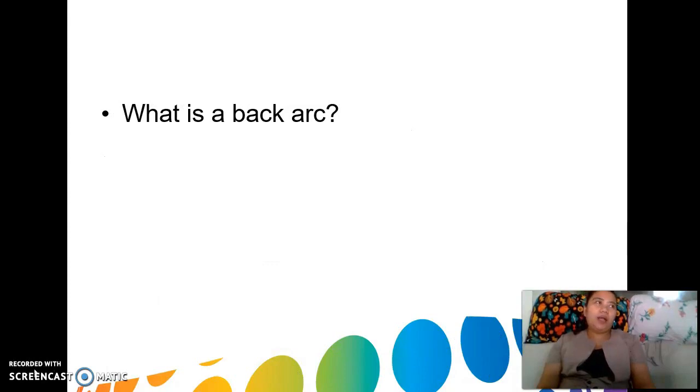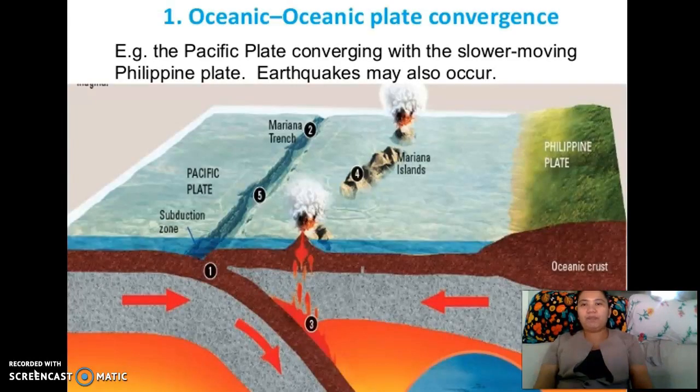Again, what is a back arc? These are sometimes extended or compressed.